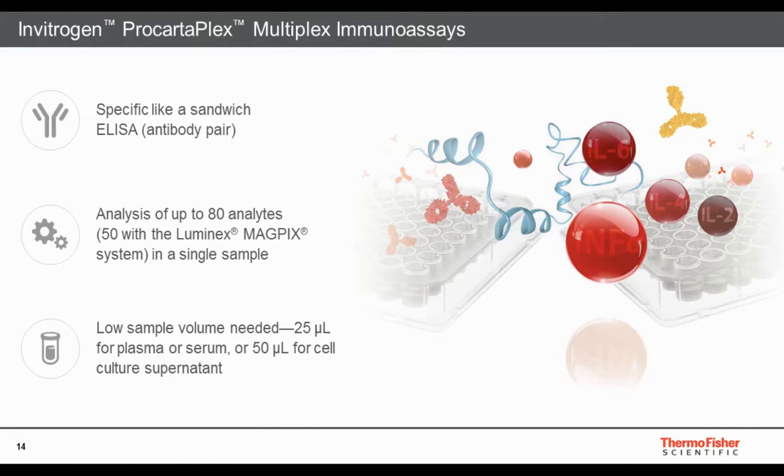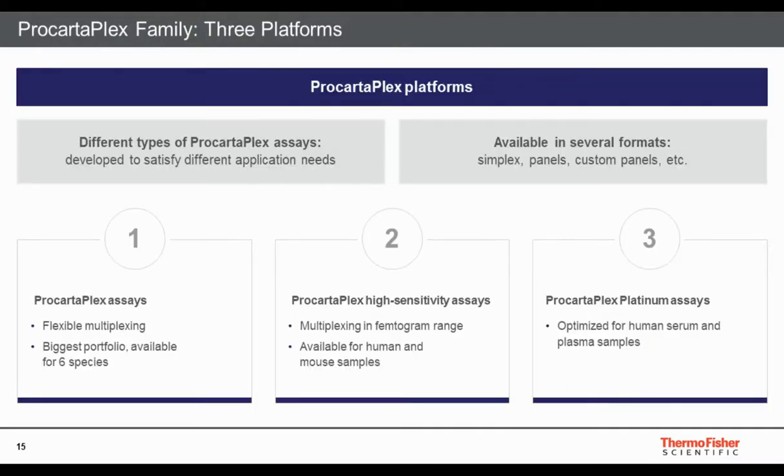Again, whenever technically feasible, we use the same antibody pairs as we do for our gold standard ELISA assays. So choosing ProcartaPlex, you get assays which are as specific as an ELISA, but you get many, many more data from only 25 microliters of sample needed.